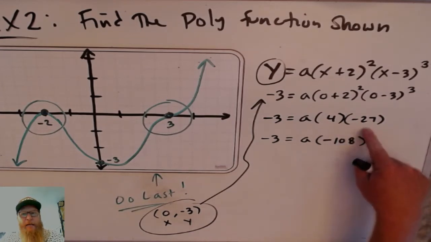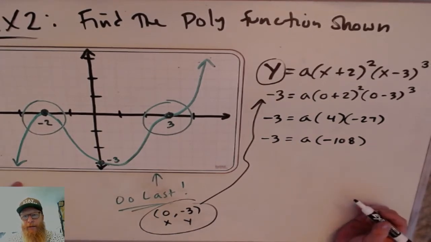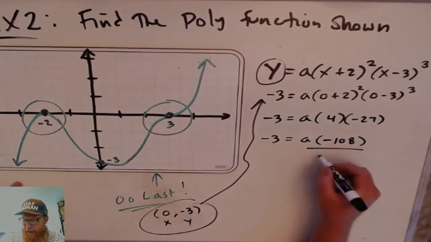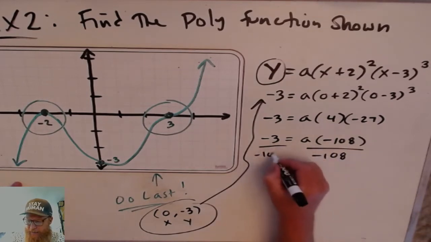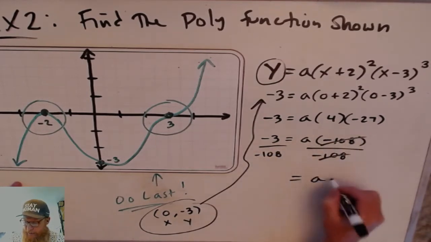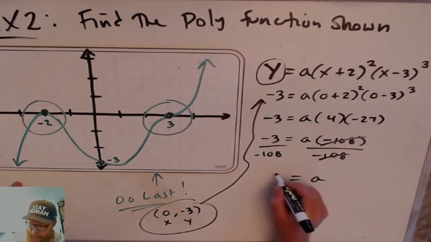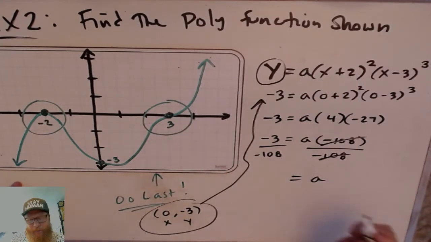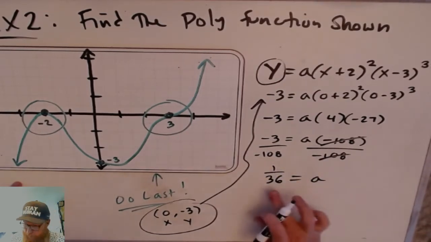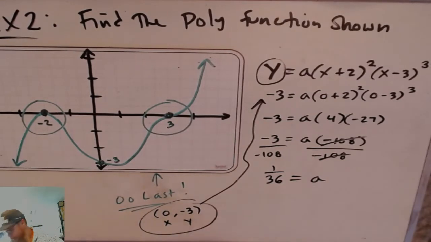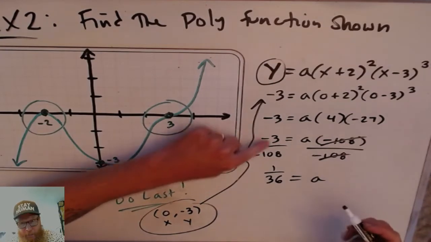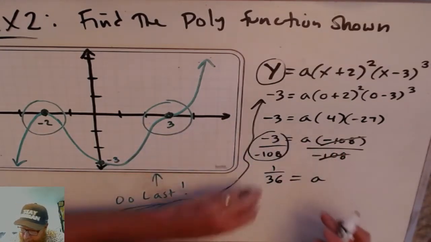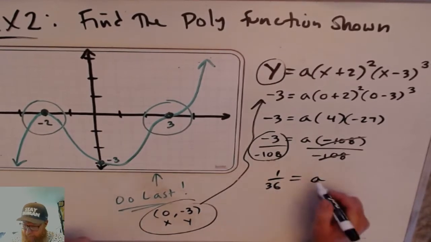So 80 and 28 is 108. In this case, I'm not going to rewrite it. I'm just going to go ahead and divide by negative 108. Negative divided by a negative is a positive. How many times does 3 go into 108? 36 times. I almost blew it. My brain was telling me 36, and I almost wrote 36 as the answer. Because the numerator is, of course, smaller than the denominator, it is 1/36. There's your A.